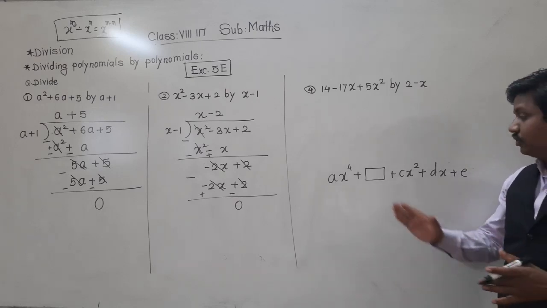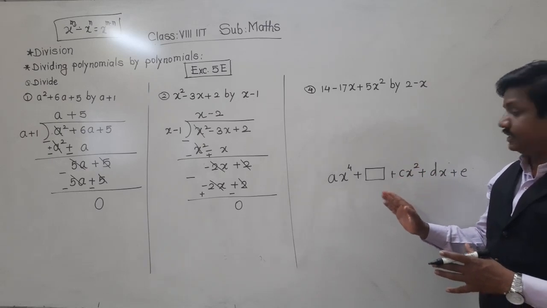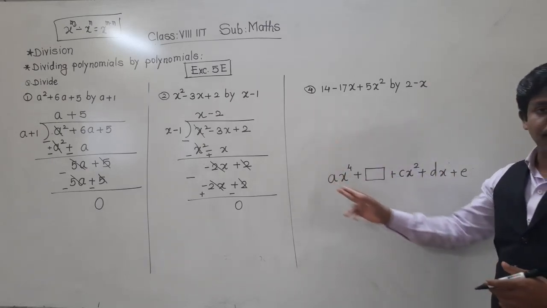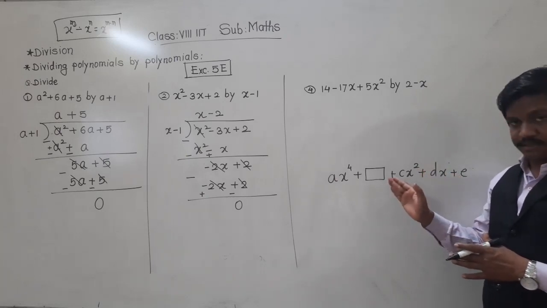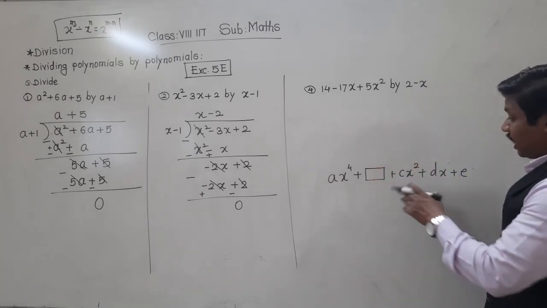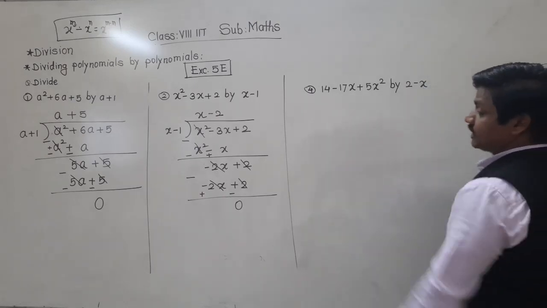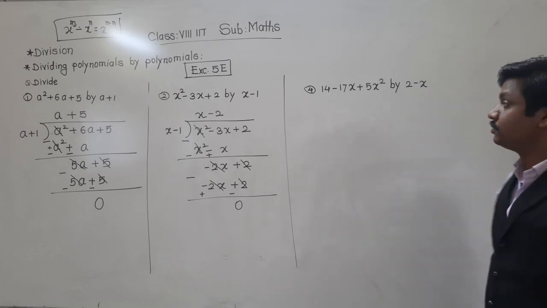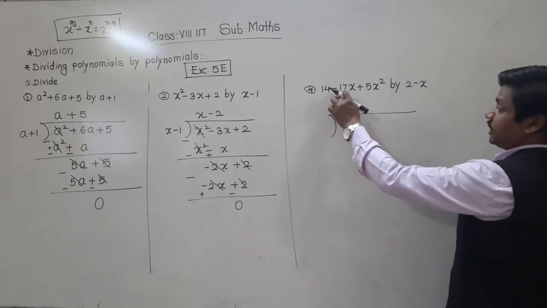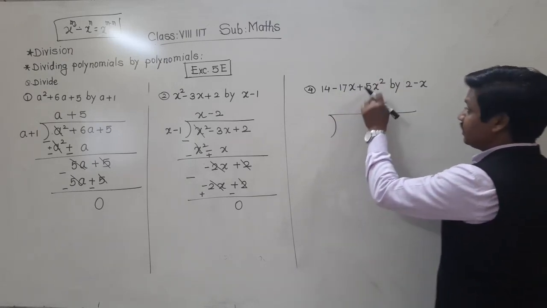So I must tell you, we have to arrange in descending order, and along with this, if any term is missing in the polynomial, we have to leave space there. Okay, how it affects that I am going to show you afterwards. So just keep it in mind when you solve that example. I will remind you. See here, 40 minus 17x plus 5x square. So first, which term should be written?